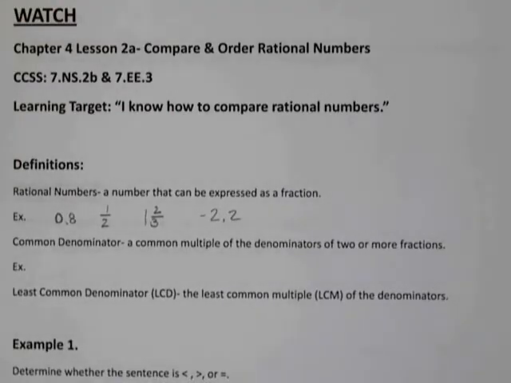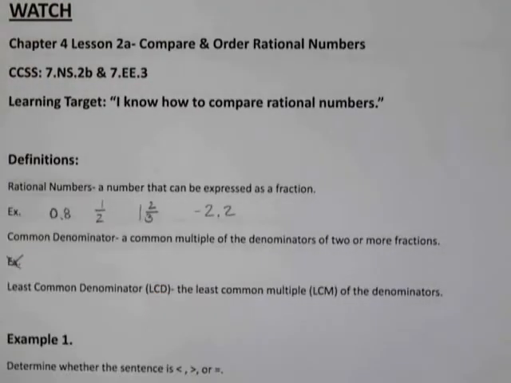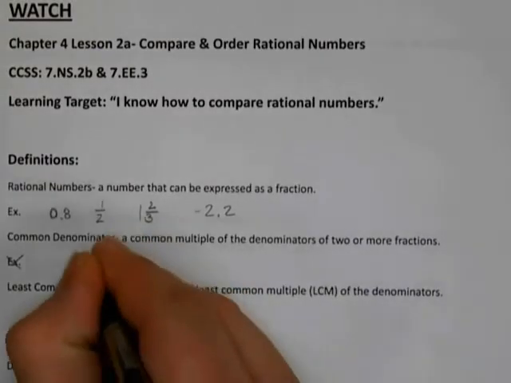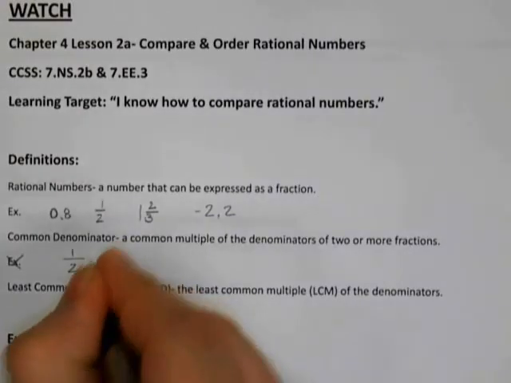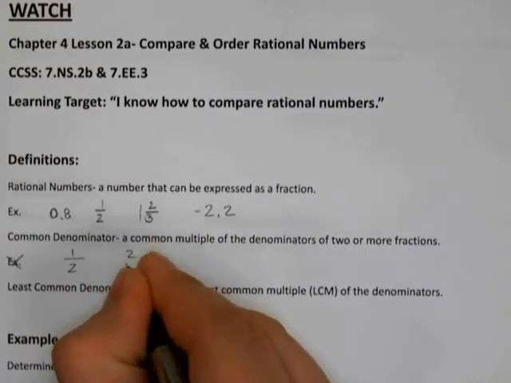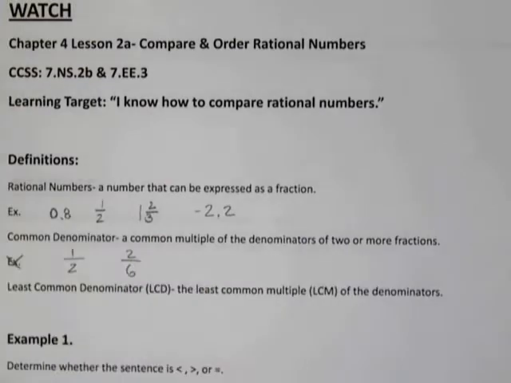A common denominator, we don't need an example for that necessarily. A common denominator is a common multiple of the denominators of two or more fractions. So we could use 1/2 and 2/6. What's a common multiple of those?